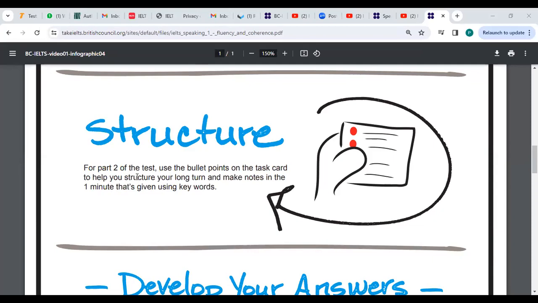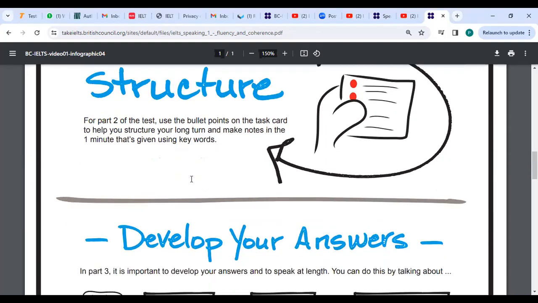During that time when you are speaking, you can look at the card, and make sure you develop your talk around the points you have written down. Don't go off track, otherwise you lose concentration and you start talking wide. So you keep talking until the examiner tells you to stop. Don't stop when your ideas are finished.